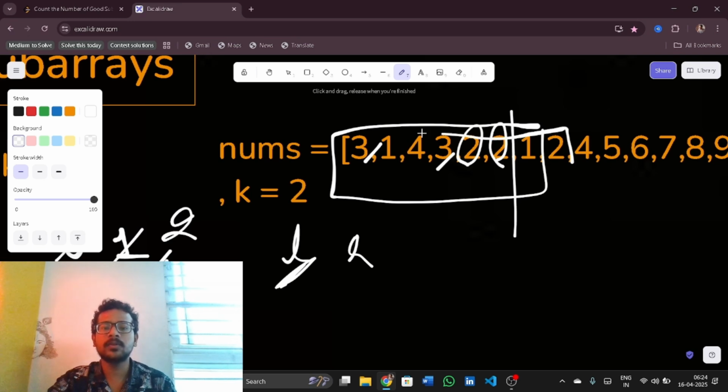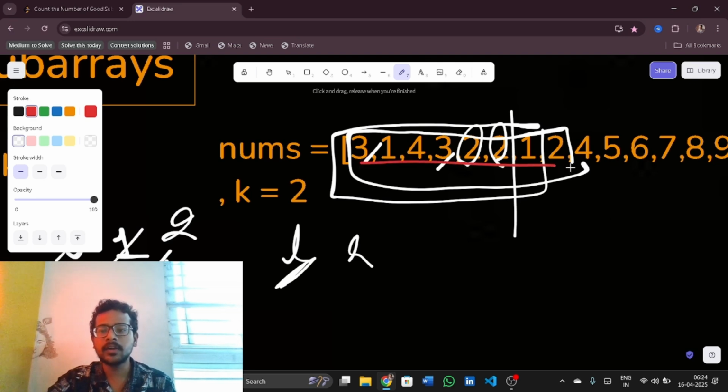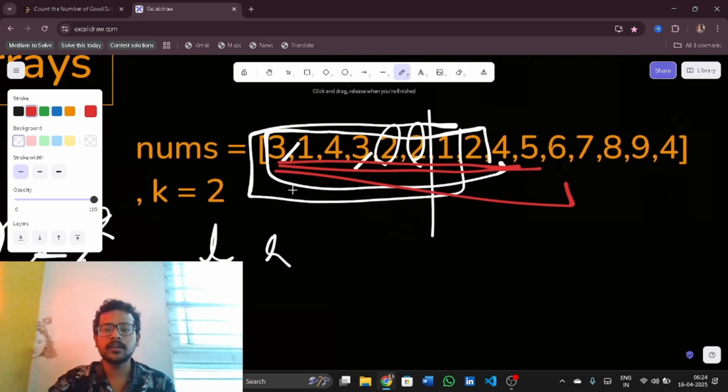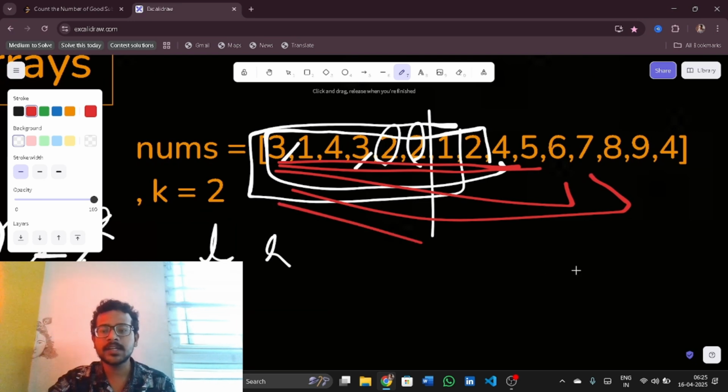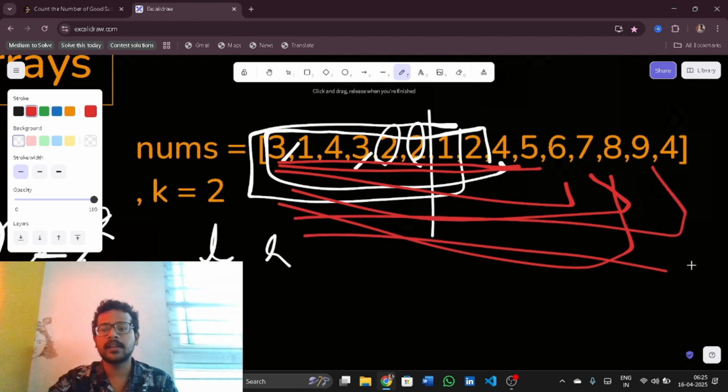Now, can we include the whole subarray? It's perfectly alright. Can we include from here to here? Perfectly alright. Then here to here, and so on. No matter what pairs I am getting, I am just adding here and then here.